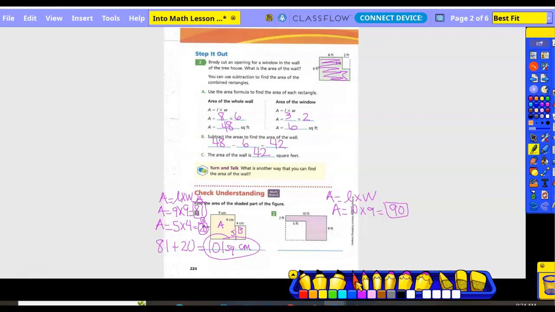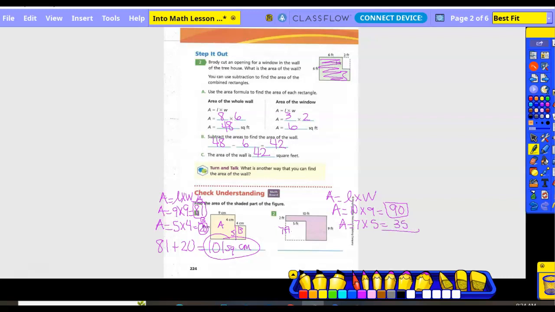They say this whole thing here is 9. This is 2, so what would 9 minus 2 be? 7. So this other edge would be 7 feet, right? Okay, so area equals 7 times 5, which equals 35.